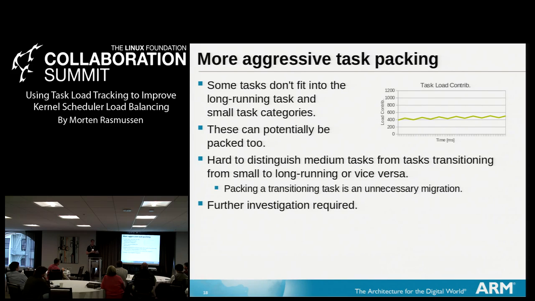When we're looking at Android systems and the track loads that we're seeing there, it's not so clear. It's easier to just put very small tasks in one bucket and the very big tasks in another one. What happens in between is more difficult to say anything about, but it's something we need to look into.